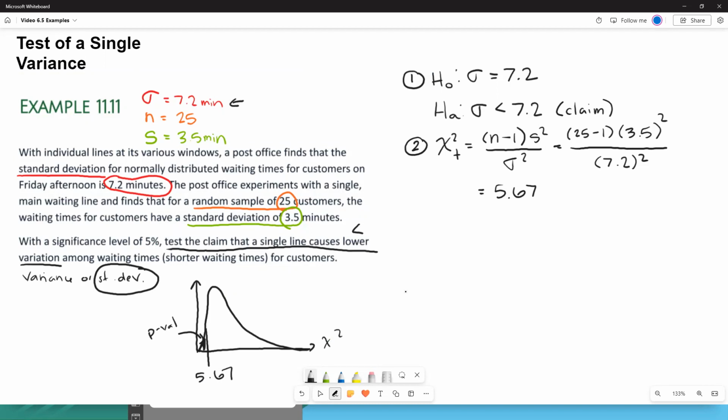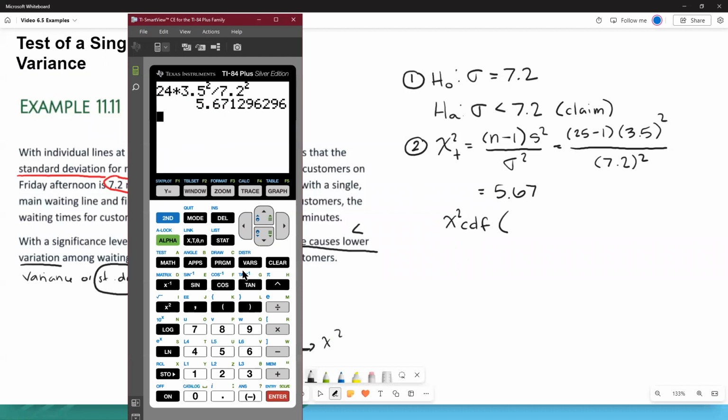So on the TI-84, I need chi-squared CDF. And then it's going to ask us for information. So let's take a look at what information it's asking us for. So second vars, option 8, and I hit enter. And it's asking lower bound, upper bound, degrees of freedom.